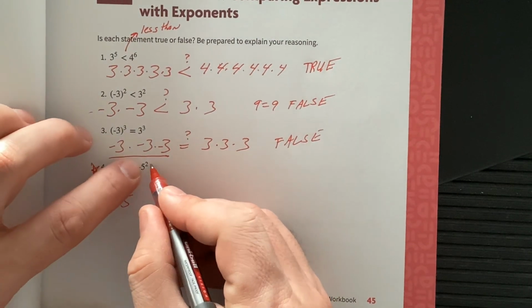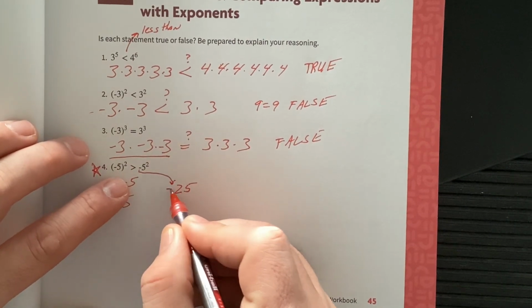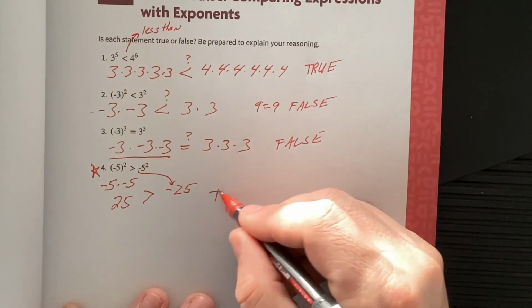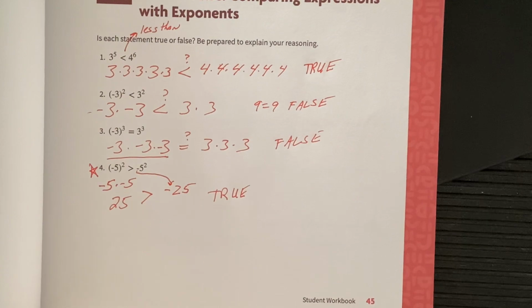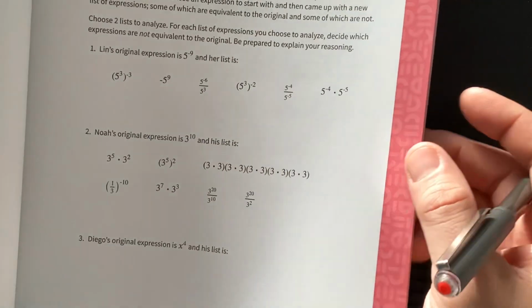So 5 squared is, of course, 25. That negative sign gets put in at the end. So that statement would be true. But those two notations are not the same answer. So put a little star by that because you will see that going forward. And that is a common mistake.